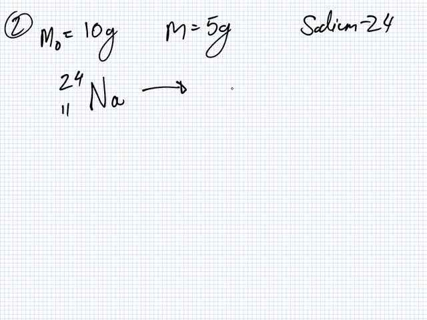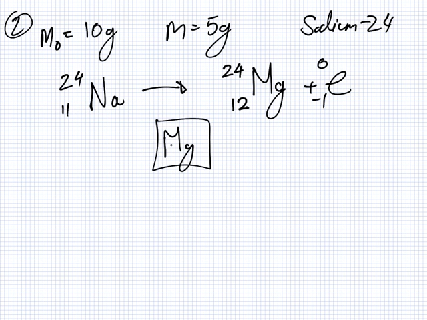And that will release a beta particle. So that means this here must be 12, and this is still 24. But it's no longer sodium, it's whatever is after sodium. Magnesium? So the answer is magnesium. Okay.